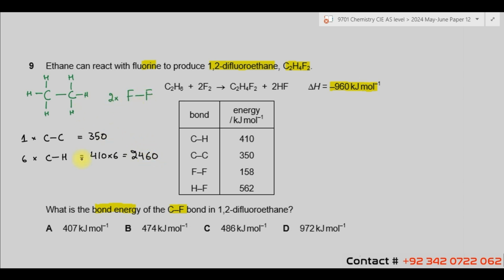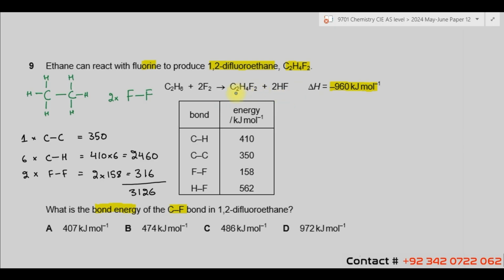Then we have 2 FF bonds, so 2 into fluorine single bonded to fluorine. 2 into 158 is 316. Adding all these three, 2460 plus 316 plus 350, it is equal to 3126.